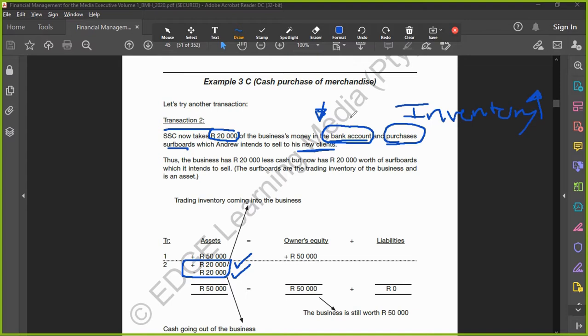It's interpreting transactions, understanding what's happening in the accounting record-keeping process. Both bank and inventory are considered assets. So your assets are going up and your assets are going down. You're using money to buy inventory, so there's a decrease for the bank and an increase for the inventory.